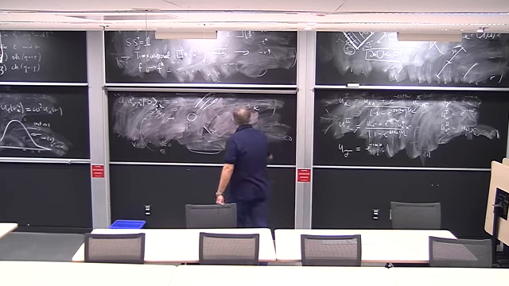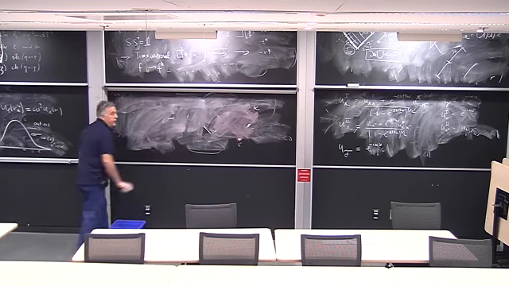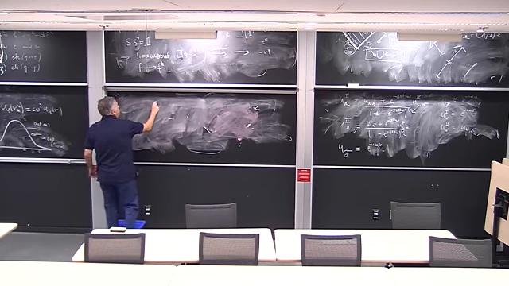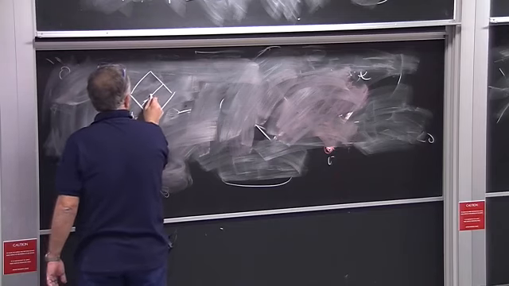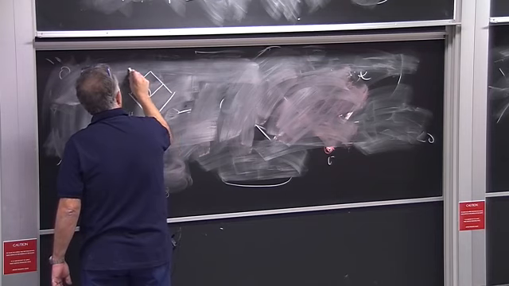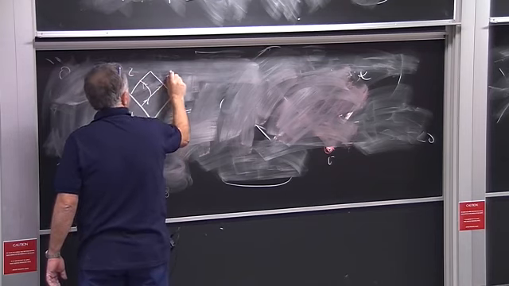We need to re-express the in modes in terms of the out modes. So there are two possibilities. One is this process here. You have the u right modes. This is the reflected mode, and this is the transmitted mode.